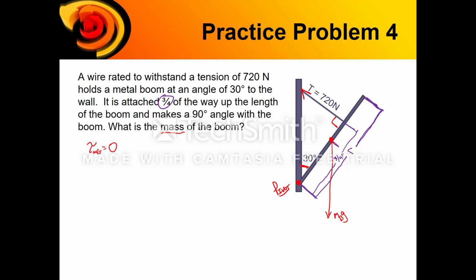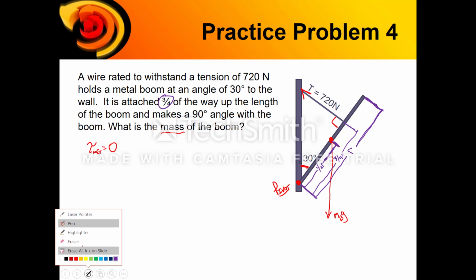And the distance between the pivot point and the center of mass of the metal boom, since we're assuming it's uniform, is going to be 1/2 r. So I don't have the numbers exactly, but I have relationships between the numbers, which will help me as we go through this problem.